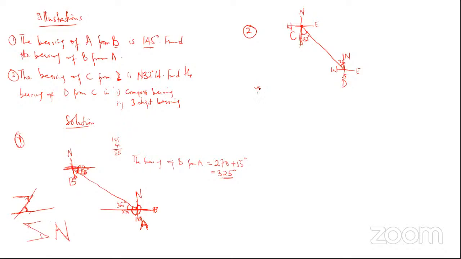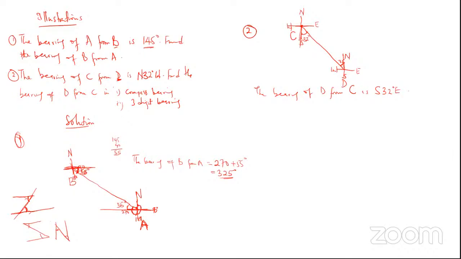As a result, you can say that the bearing of D from C is 32 degrees east of south. So that is the solution to that.